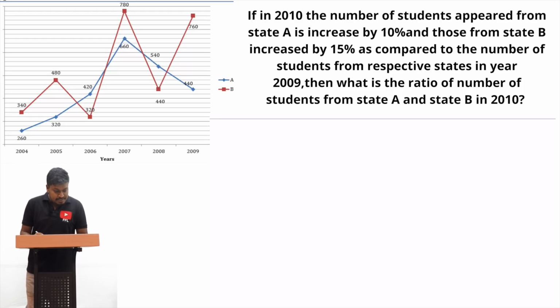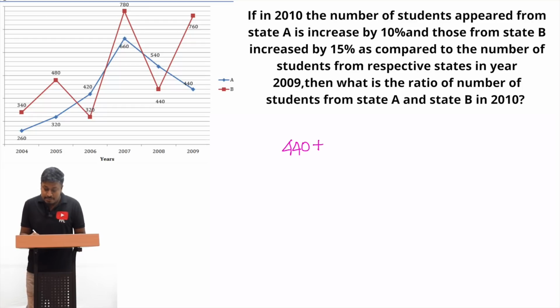So now next question. In 2010, the number of students appeared in state A is increased by 10% and state B increased by 15%. Just see here, in state A, from 2009 to 2010 there is a 10% increase. In 2009, the total number of students is 440.